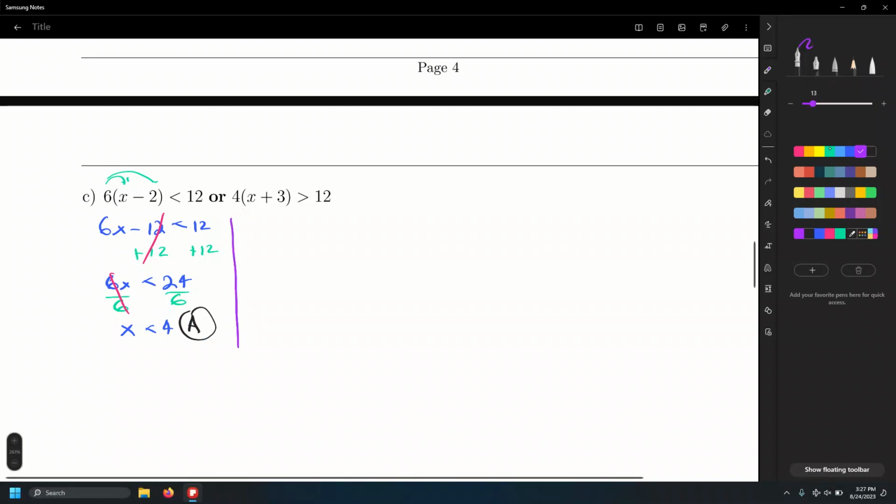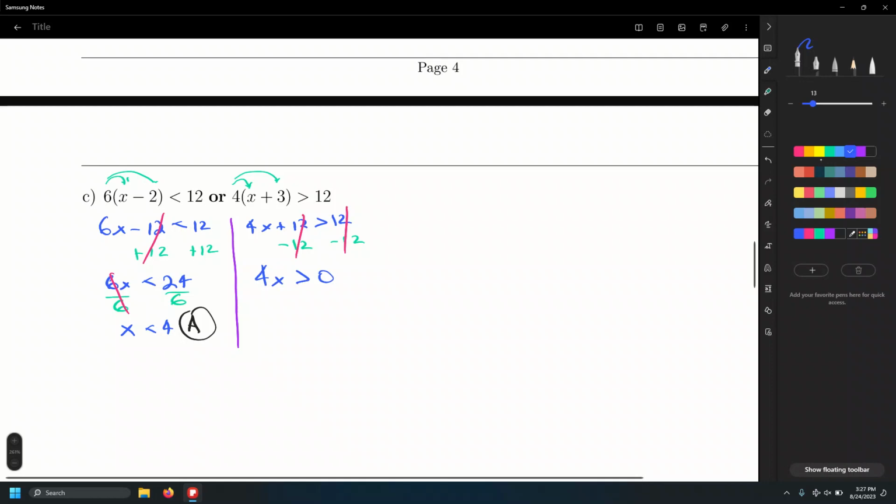We're going to do the same, using the distributive property for the second inequality. Multiply the two terms inside the parentheses, x plus 3, by 4. That's going to give us 4x plus 12 greater than 12. And then when we subtract 12 from both sides, that cancels the 12s, and that's going to end up being 4x greater than 0.